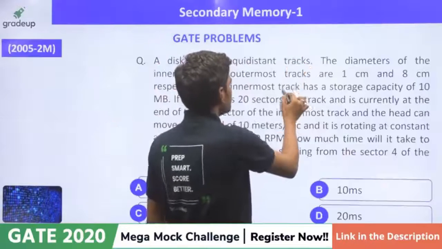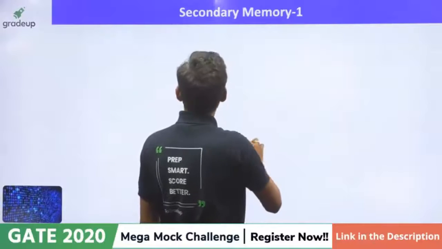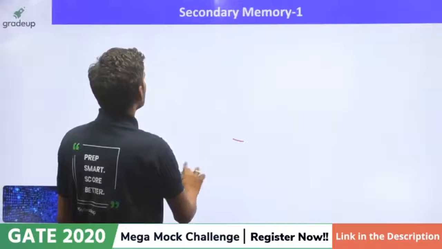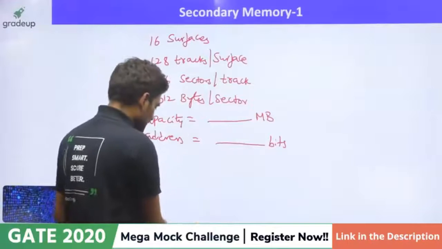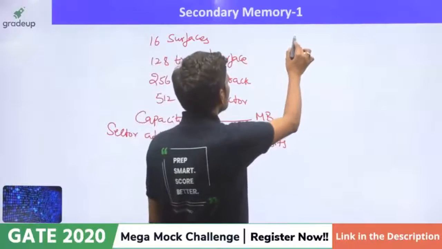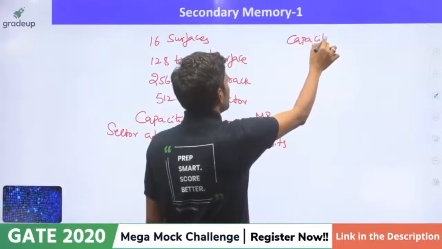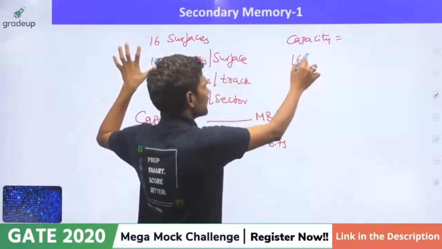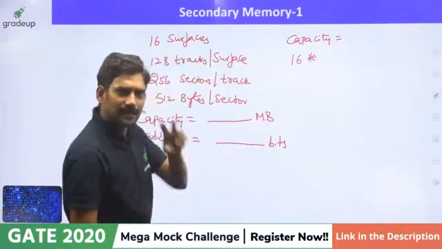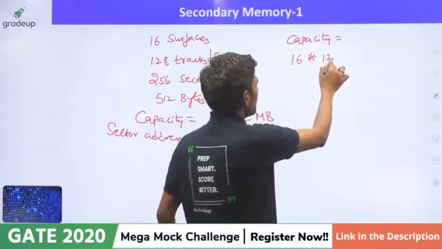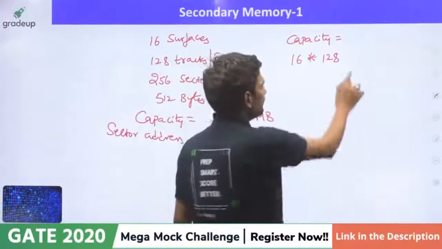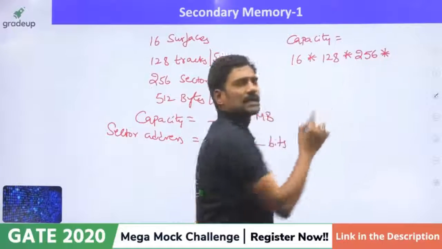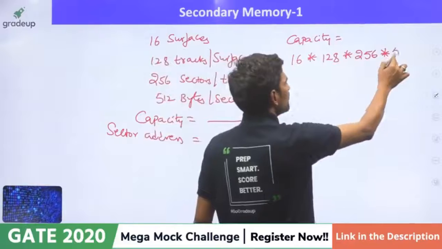The capacity of the disk is the multiplication of all, isn't it? The disk is having 16 surfaces. Every surface is having 128 tracks. And every track will have 256 sectors. And every sector is having 512 bytes.